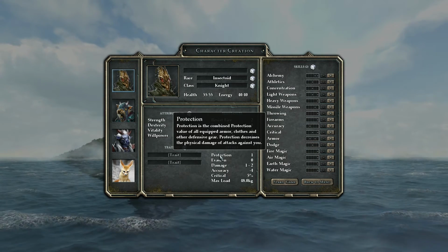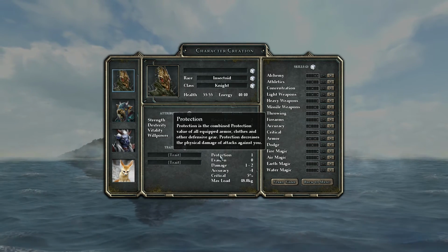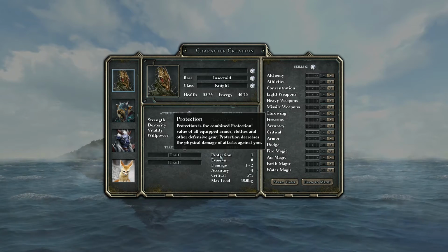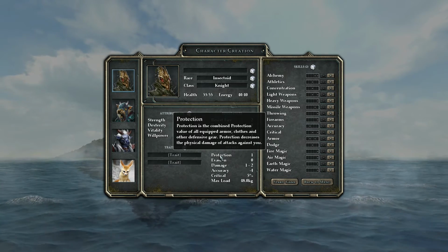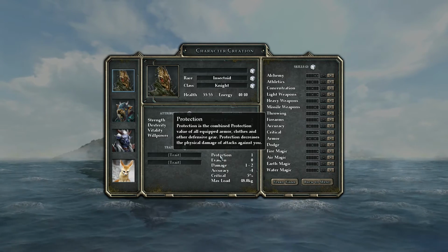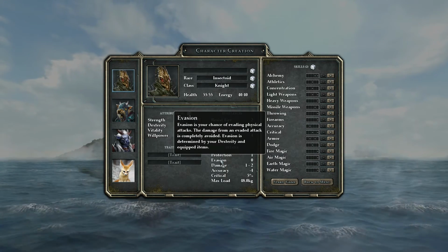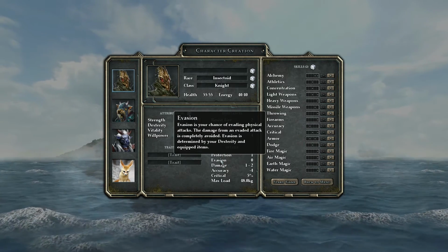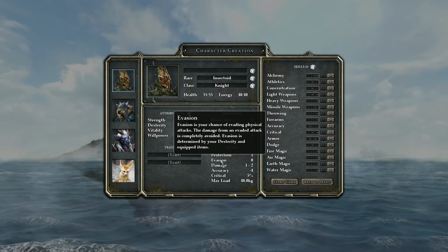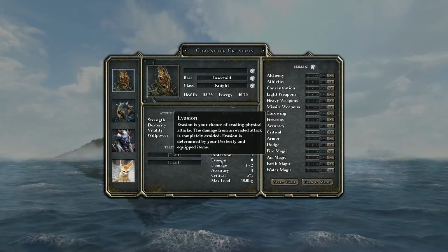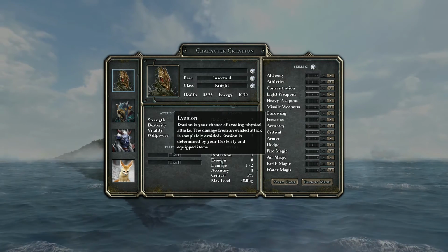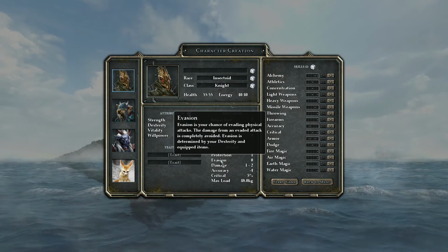Protection is the combined protection value of all equipped armor, clothes, and other defensive gear. Protection decreases the physical damage of attacks against you. Evasion is your chance of evading physical attacks. The damage from an evaded attack is completely avoided. Evasion is determined by your dexterity and equipped items.